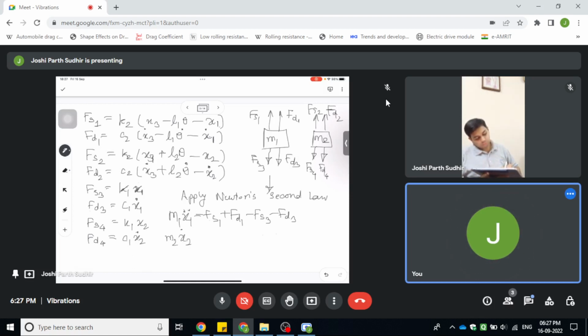So it will be m2 x2 double dot is Fs2 plus Fd2 minus Fs3, Fs4 minus Fd4. So we can substitute the expressions for these forces in and expand the equation of motion further.